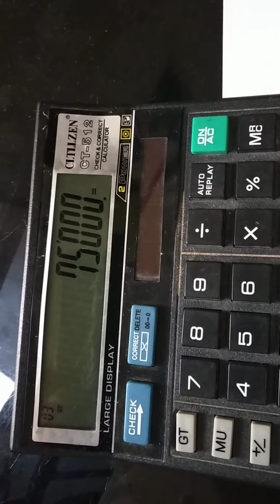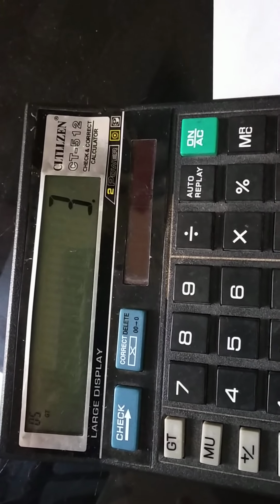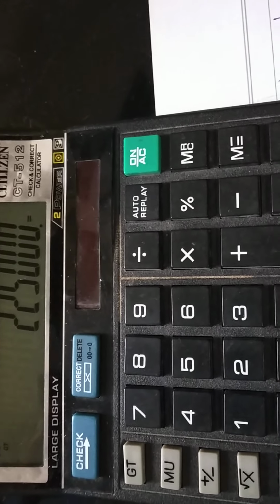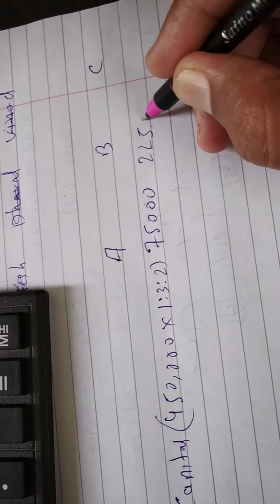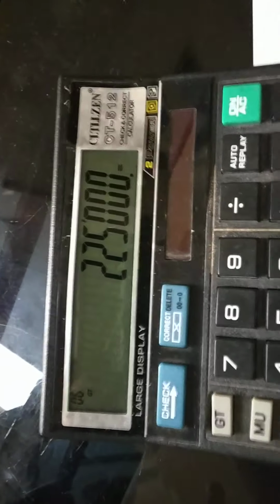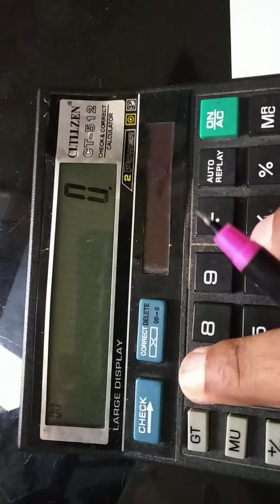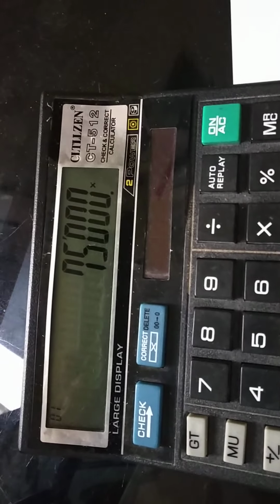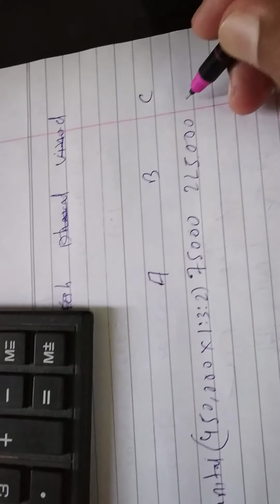For partner B, 75,000 into 3 is 2,25,000. So put it here, 2,25,000. For partner C, 75,000 into 2, the value is 1,50,000.